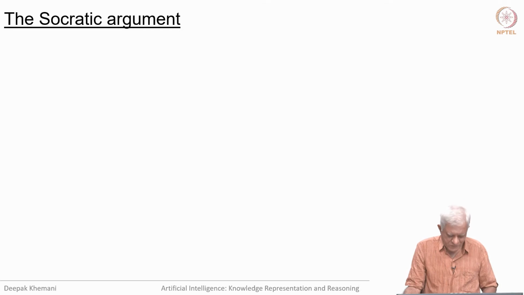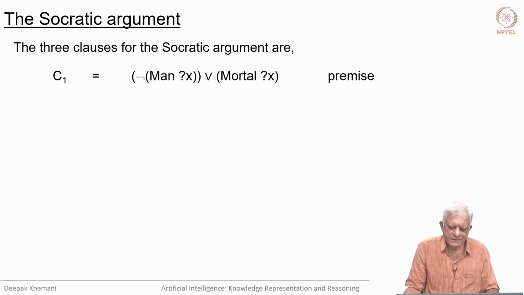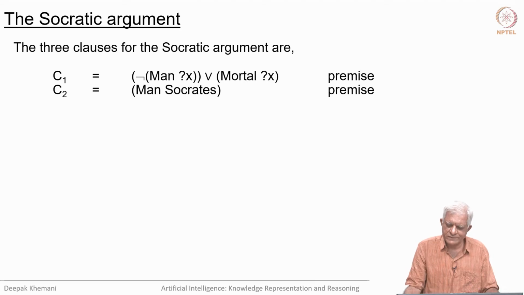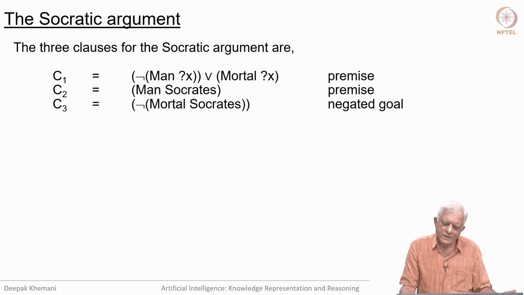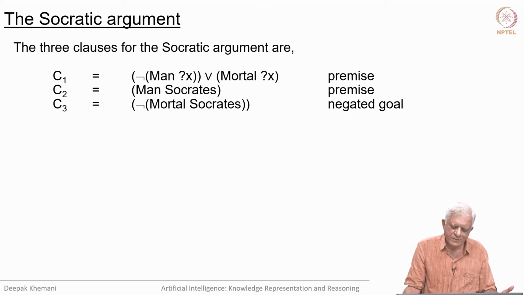So, we begin with our oldest pattern of reasoning, the Socratic argument, which said that if we have the clause all men are mortal, which we earlier said was for all x man x implies mortal x, but now in clause form it is expressed as not man x or mortal x.